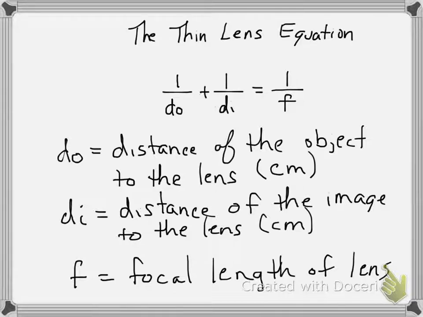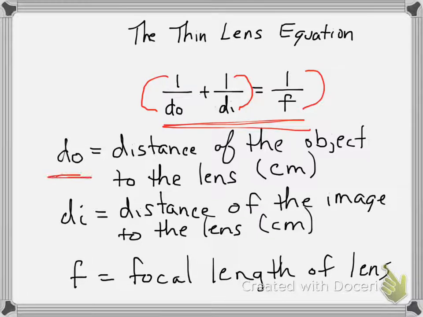So the equation that we came up with, and again, this is based on the relationship between the sides of similar triangles. So knowing that they're proportional, we came up with the equation that 1 over the distance of the object plus 1 over the distance of the image is equivalent to 1 over the focal length.